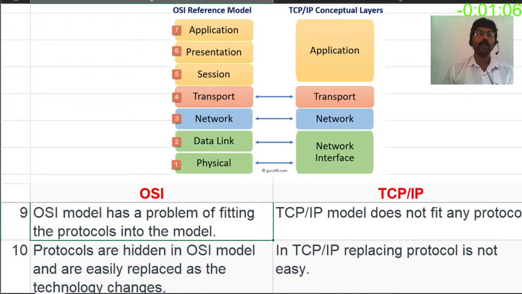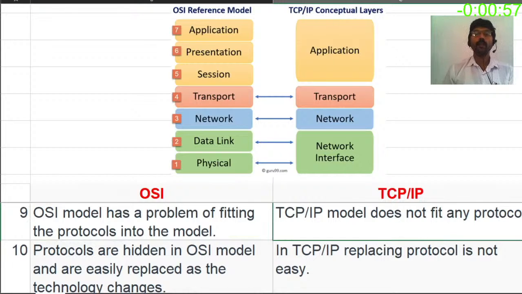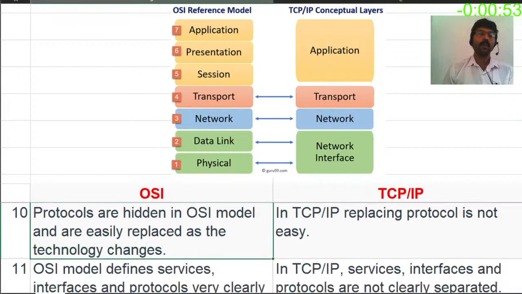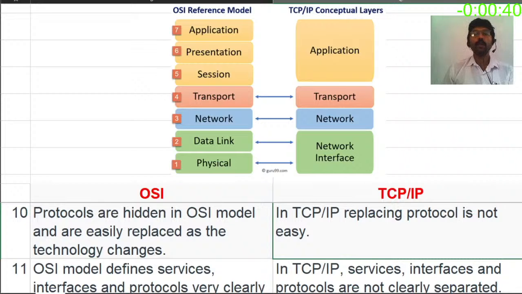The OSI model has the problem of fitting protocols into the model, but the TCP/IP model does not fit any protocol. In the OSI model, protocols are hidden and easily replaced as the technology changes. In TCP/IP, replacing protocols is not easy.